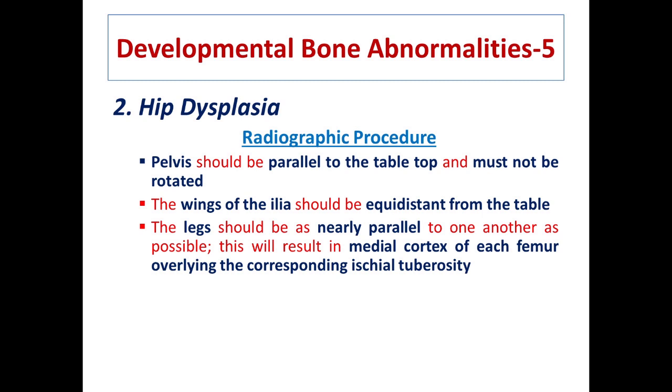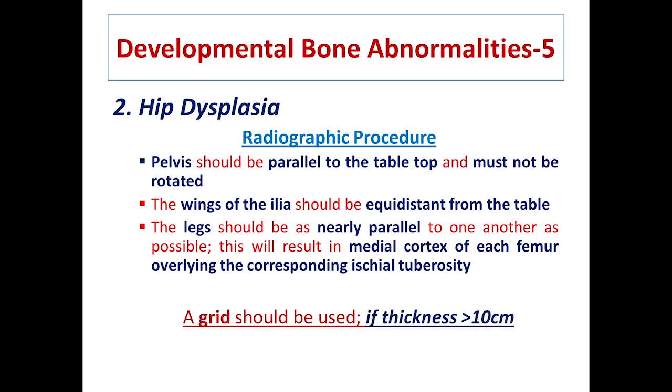It's very important to know that if the part that we have to take in the X-ray image is more than 10 centimeters thick, we have to use the grid for a proper X-ray image. Otherwise, the X-ray radiation will be scattered and the image will be blurry. Images will not be very clear.